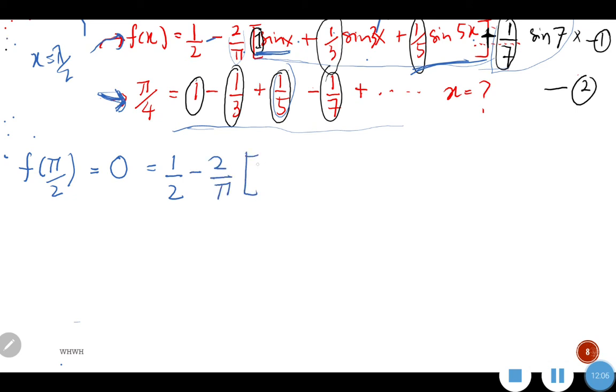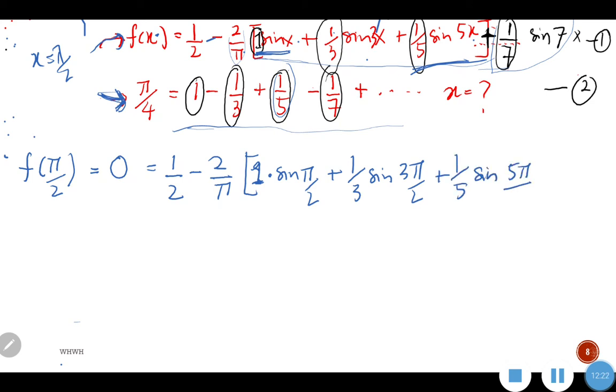Okay, and then here we have 1 darab dengan sin pi over 2 tambah 1/3 sin 3 pi over 2 tambah 1/5 sin 5 pi over 2 dan tambah 1/7 sin 7 pi over 2 and so on and so forth.